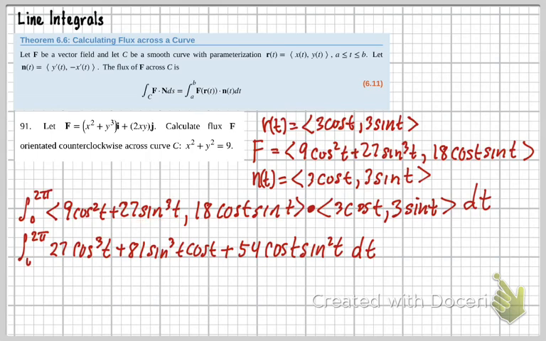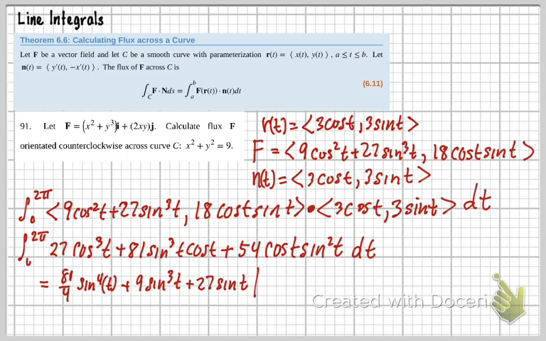So now we can actually integrate this, and we get 81/4 sine to the 4th t plus 9 sine cubed t plus 27 sine of t.